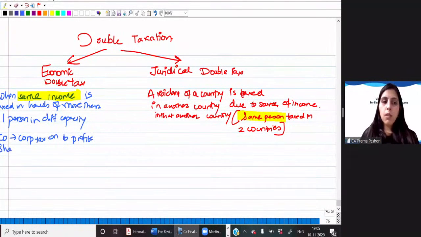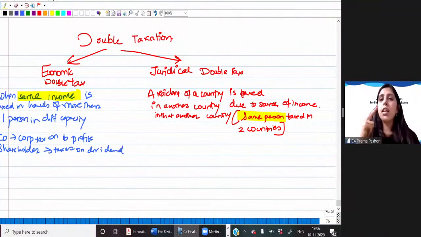Then on the same profits which are distributed, the shareholder pays taxes. First the company pays corporate tax and then the shareholders pay taxes on the dividend. So on the same income, taxes are levied at two points in time. Earlier, when there was DDT, the company paid both the corporate taxes and DDT. But DDT was just a collection mechanism because it was ultimately a tax on shareholders. This is known as economic double taxation, when the same income is taxed in the hands of more than one person in different capacities.